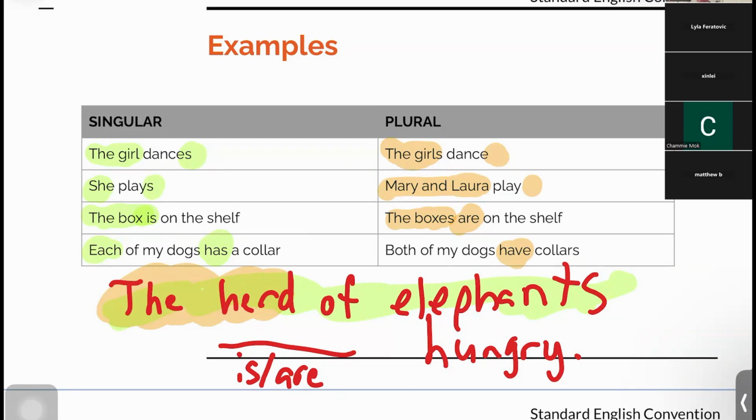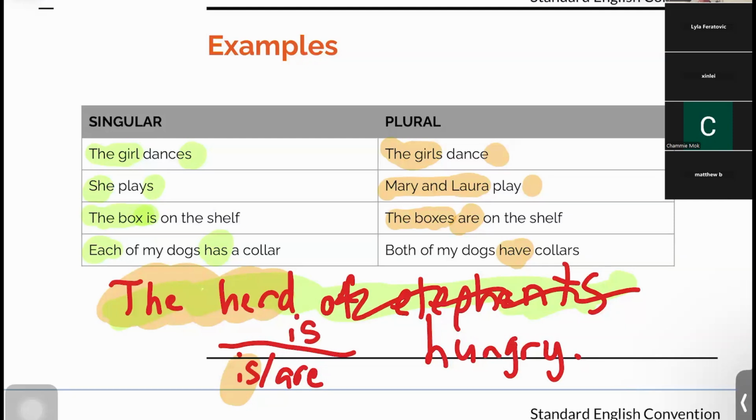When you're talking about subject predicate agreement, all you need to worry about is your simple subject. So if you see that of, you can ignore whatever's coming after the of for this type of question. And is herd singular?